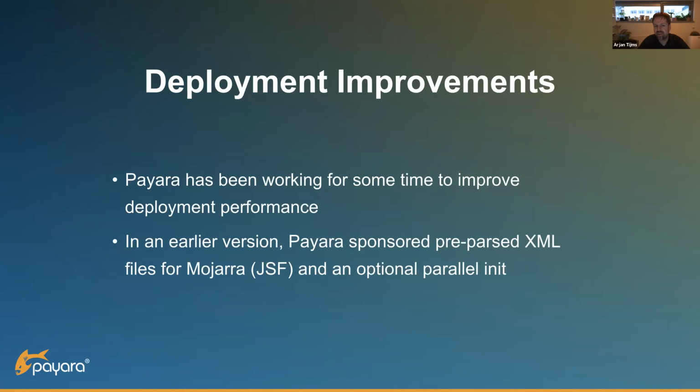And there's an optional parallel init, meaning that some subsystems can be initialized in parallel. It uses the default executor service for that, if available. Otherwise, it will create a new one on the fly. It's not enabled by default, since it uses some threads. Not everybody likes a server to use a lot of threads when it starts up, but it's an option for people to use.